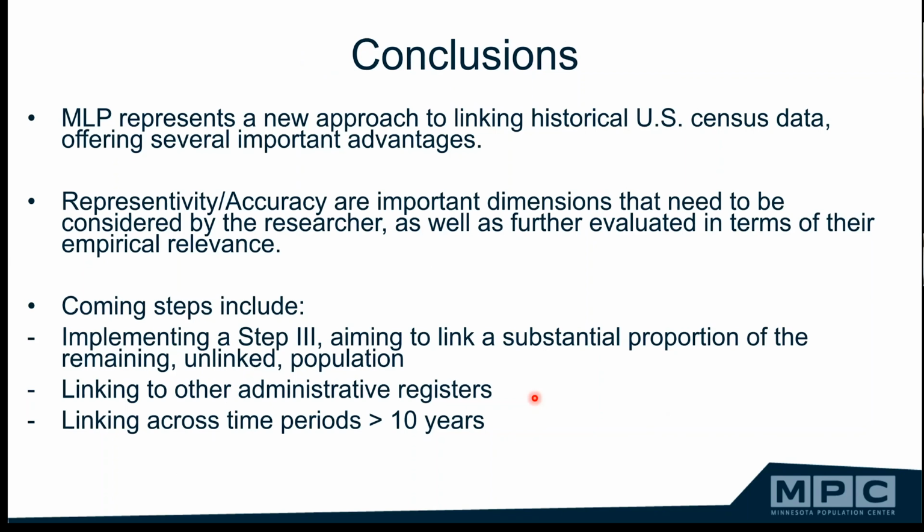We're linking larger populations, we're linking them very accurately, and we're linking women as well. However, representativity is a very important dimension when it comes to linking, and so is accuracy.